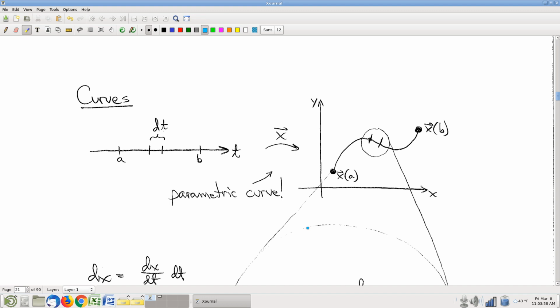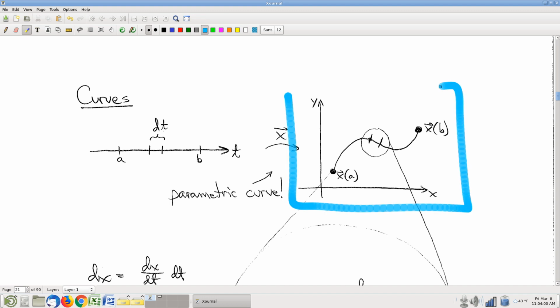So here we are. Let's start in 2-space, not that it matters. We have a curve in space. Maybe I want to compute the mass on that curve, or the number of ants crawling around on that curve, whatever. Mass density per unit length, population density per unit length. I want to chop it up and add it up on this curve.